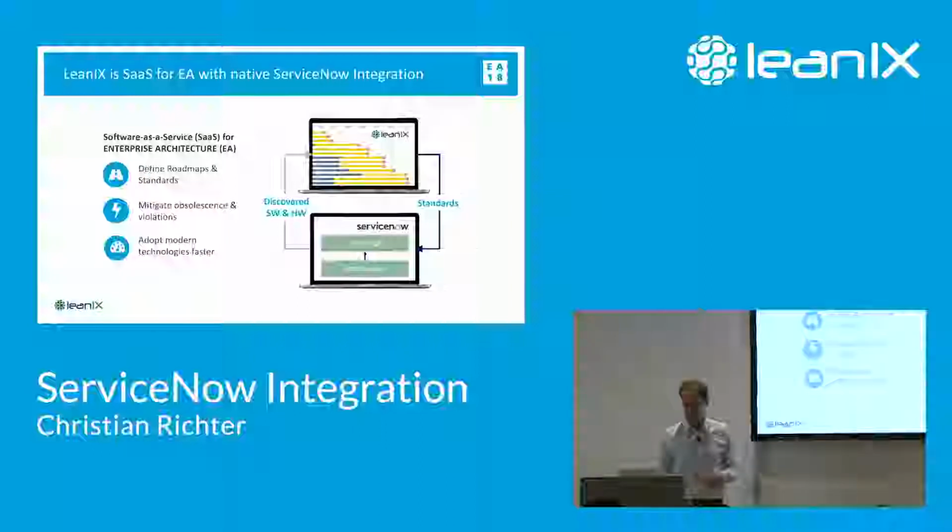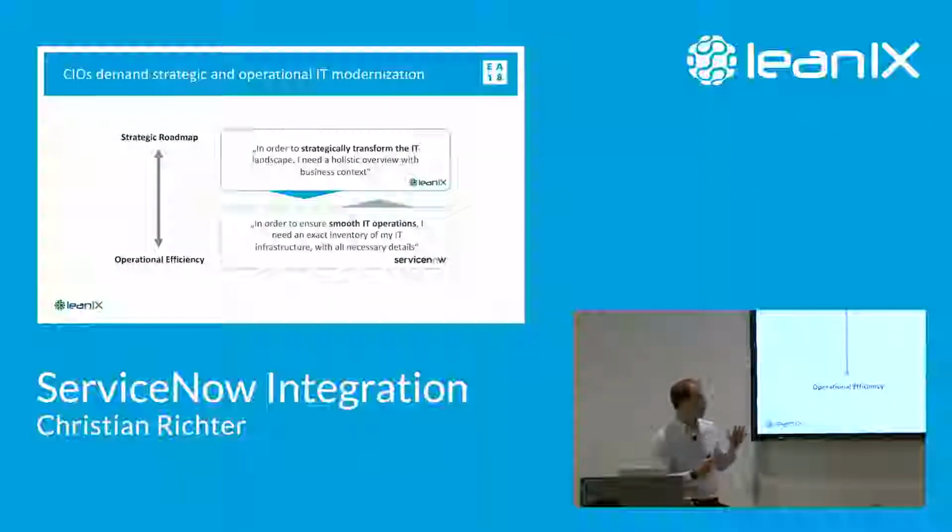And as we heard in yesterday's keynote, that's a kind of inspiration that we need from the role of the enterprise architect. So if you look at those two worlds, the strategic roadmapping perspective, and I'm coming here from a user story perspective, in order to strategically transform the IT landscape, I need a holistic overview with business context. And that's a relevant part here.